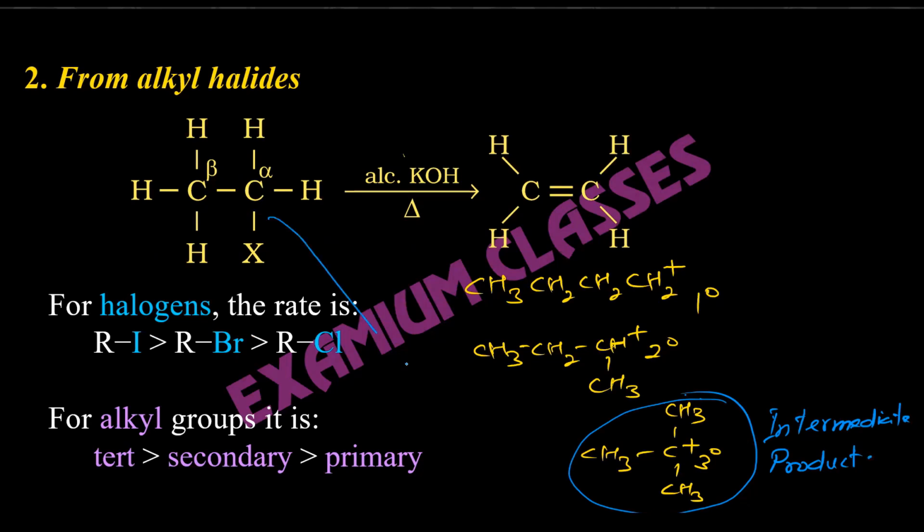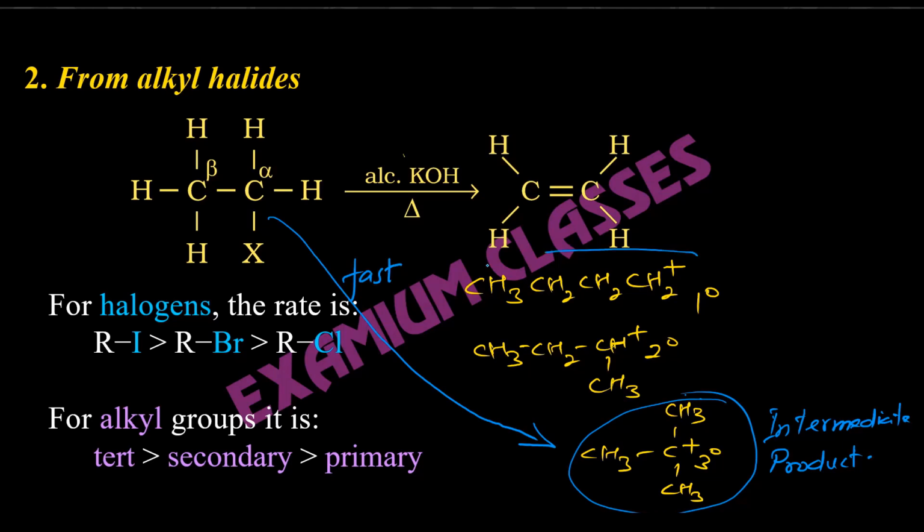So first if it is getting converted to a stable tertiary carbocation, then this will be a very fast reaction, because the product which is being produced is very stable.